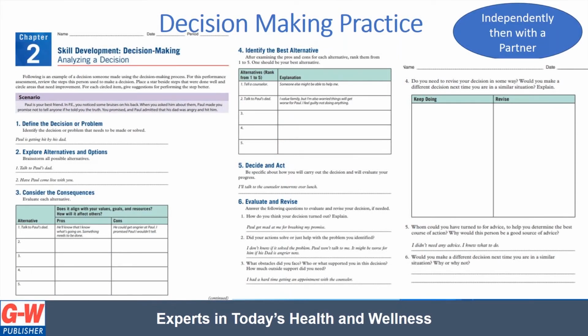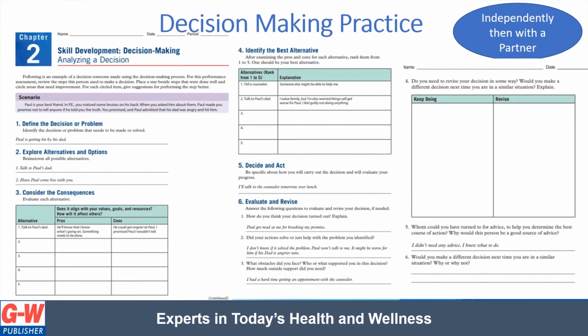So this is an activity from our high school program. And in this activity, the students are going to read an example of a decision someone made using the decision-making process. And they're going to review the steps this person used to make a decision and place a star next to the steps that were well done and circle the areas that need improvement.